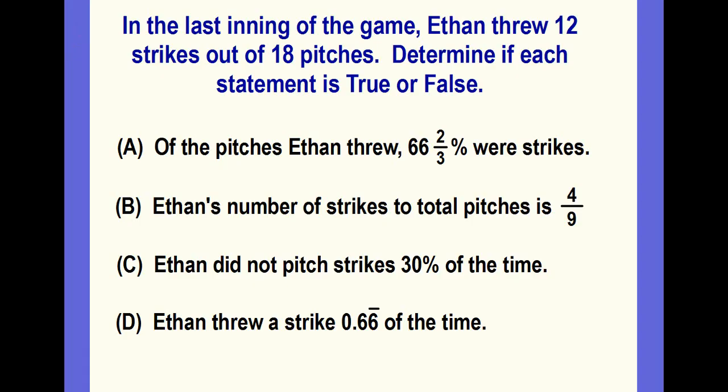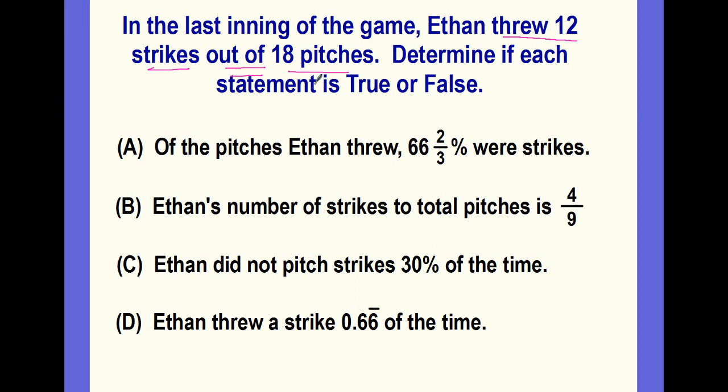And our last example, in the last inning of the game, Ethan threw 12 strikes out of 18 pitches. Determine if each statement is true or false. All right, so of the pitches Ethan threw, 66 2/3% were strikes. So we need to know the percent that were strikes. We're not given a percent or decimal, but we are given the fact that he threw 12 strikes out of 18 total pitches.